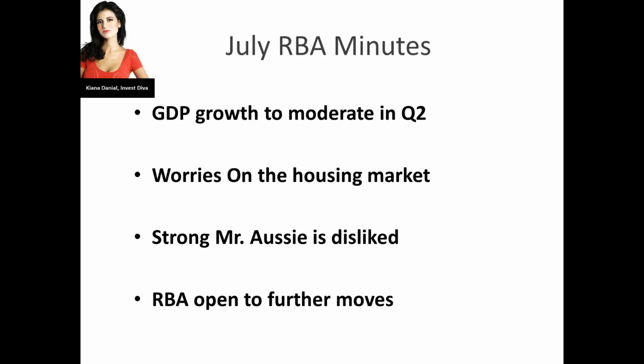And they said that indicators suggested that, I'm quoting here, dwelling investment had continued to grow strongly, particularly for higher density dwellings. However, sales volume had been lower than a year earlier, and housing credit growth had eased further, consistent with a relatively low level of turnover in the housing market.